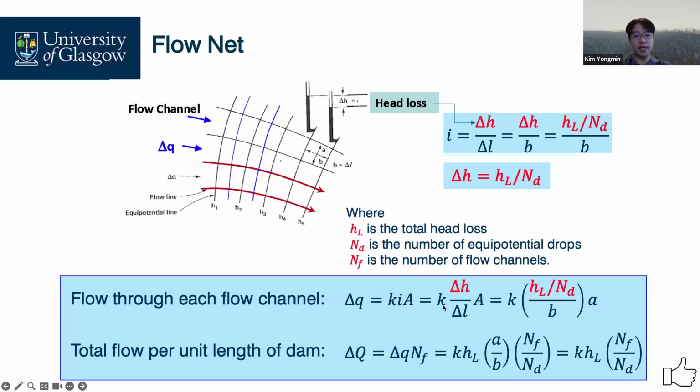And then I is delta H divided by delta L, which can also be expressed by the head loss divided by the number of equipotential drops over B. This flow rate for one flow channel times the number of flow channels should be the total flow rate.